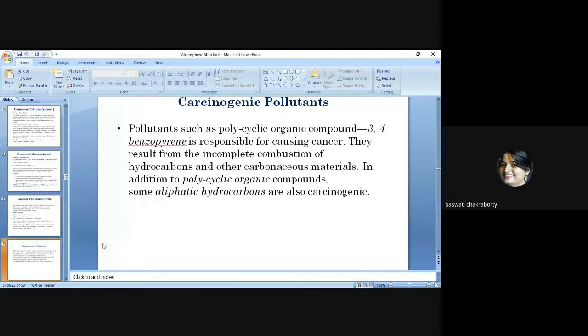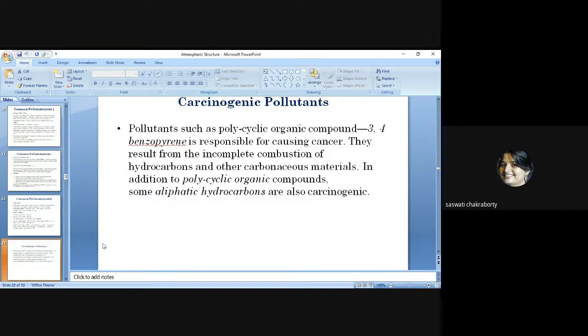Well, this is another group, carcinogenic pollutants, although these are not categorized as pollutants as such. But there are certain compounds like 3,4 benzopyrene or certain polycyclic organic compounds or aliphatic hydrocarbons that are responsible for cancer.